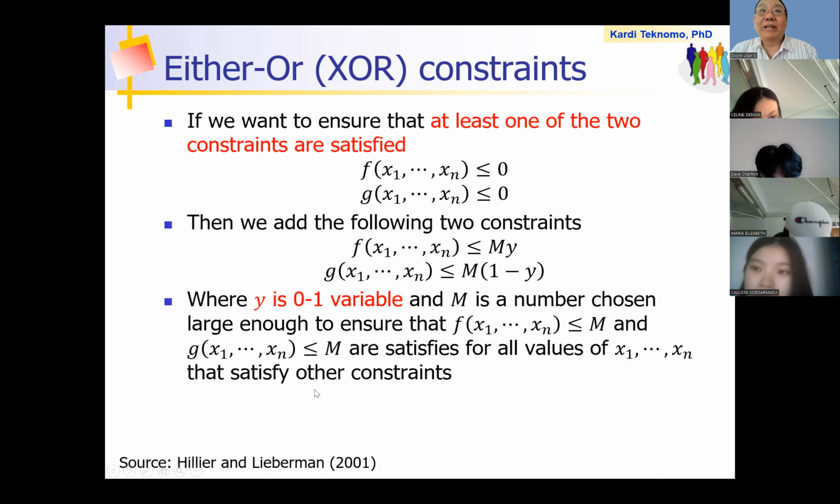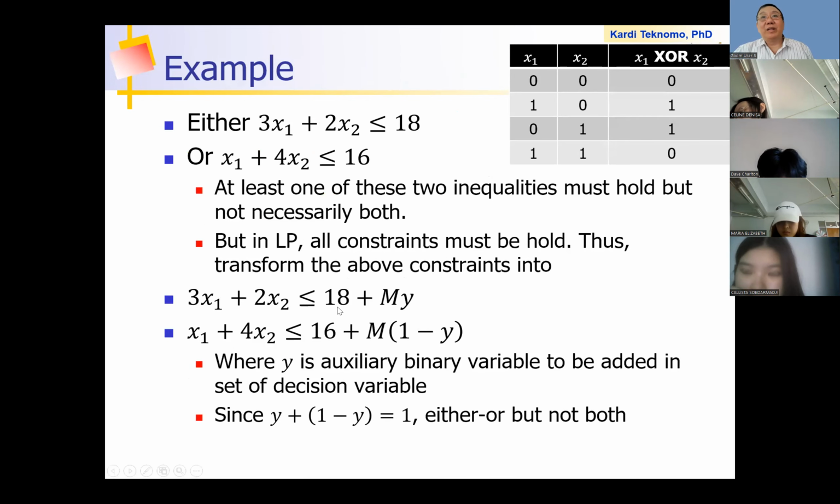There are a lot of examples in that book about all this detail on integer programming. So I'll give you an example here. Say you want to do SOR, that means either this one less than 18, so you can put this. So at least one of these 2 inequalities must hold, but not necessarily both.